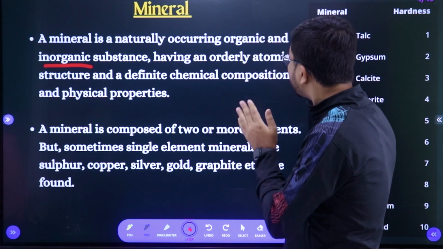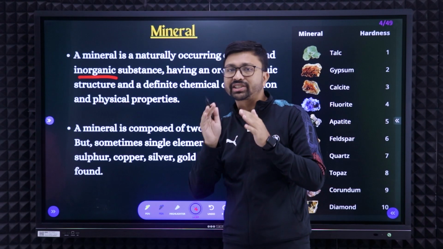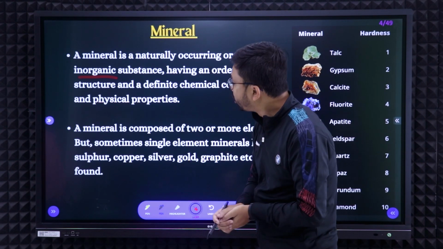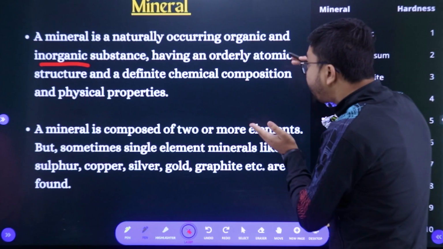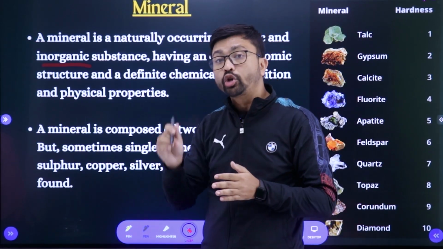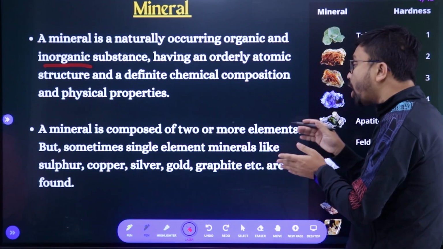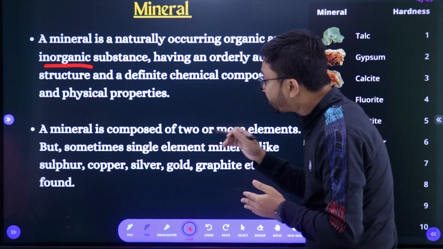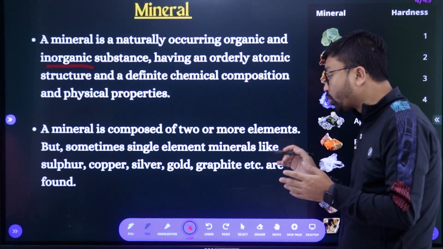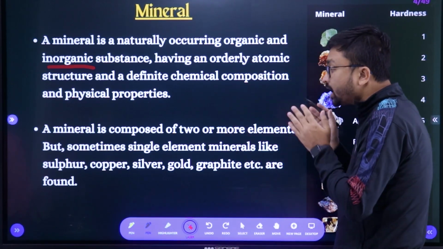As the atomic structure is definite, the physical properties are also definite. So a mineral has a definite chemical composition and physical properties. A mineral is composed of two or more elements, but sometimes there are single-element minerals like sulfur, copper, silver, gold and graphite.